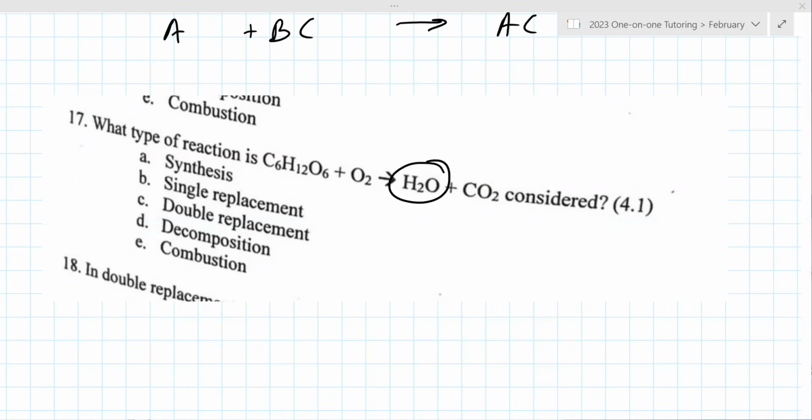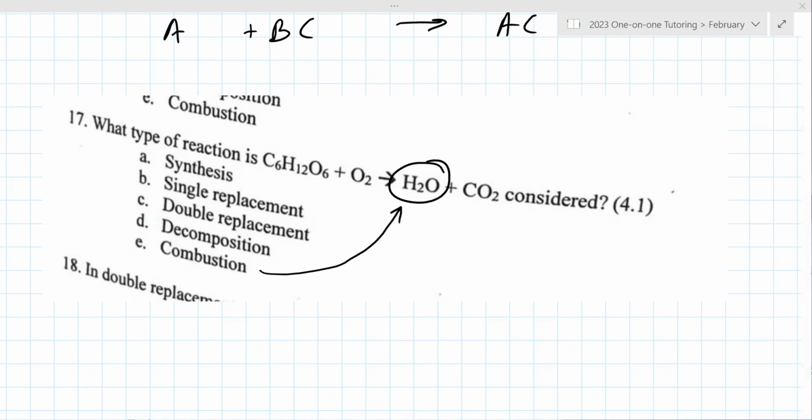The fact that water is formed. Okay, so a combustion reaction always has water in it. So that's the key to noticing it.